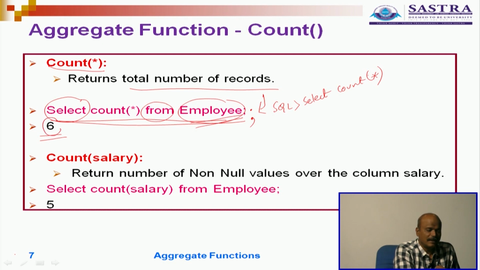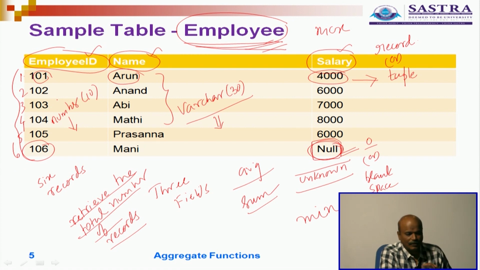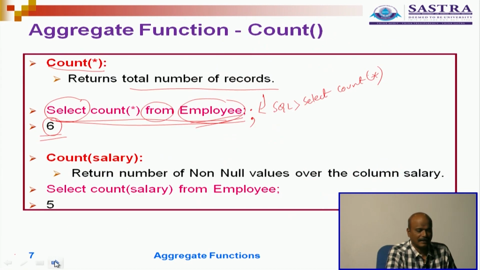Now in this case, what does this 6 indicate? 6 indicates the total number of records: 1, 2, 3, 4, 5, 6. So totally how many records do you have in the employee table? I have 6 records. If you execute a command like select count of star from employee, it retrieves the total number of records.